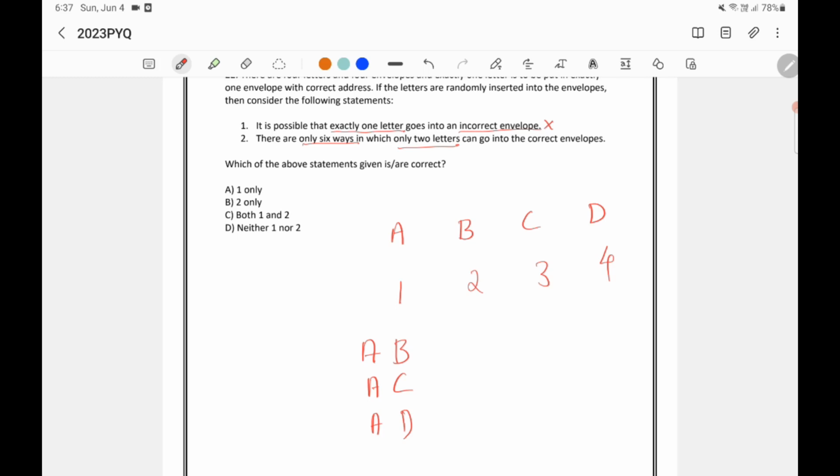That is another possibility. Now B and C is a possibility because B and A we have already taken. B and D going correct is a possibility. Similarly, C and D going correct is a possibility. So these are the different possibilities of exactly 2 letters going into the correct envelope, right? So total 1, 2, 3, 4, 5, 6 possibilities are there. So this is actually correct. So option B, 2 only, is the correct answer here.